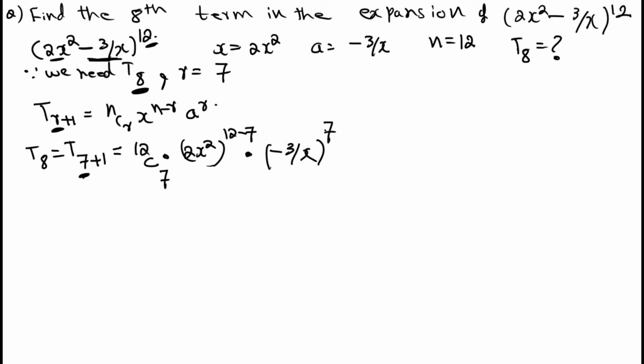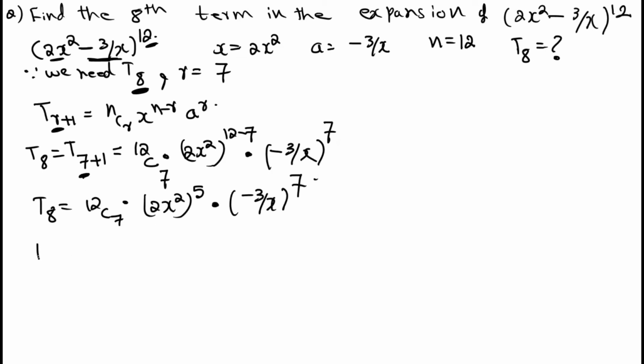R value is 7. Okay, in the next step, see, T8 equal to 12c7 into 2x square to the power 12 minus 7. 12 minus 7 equal to 5 into minus 3 by x to the power 7.